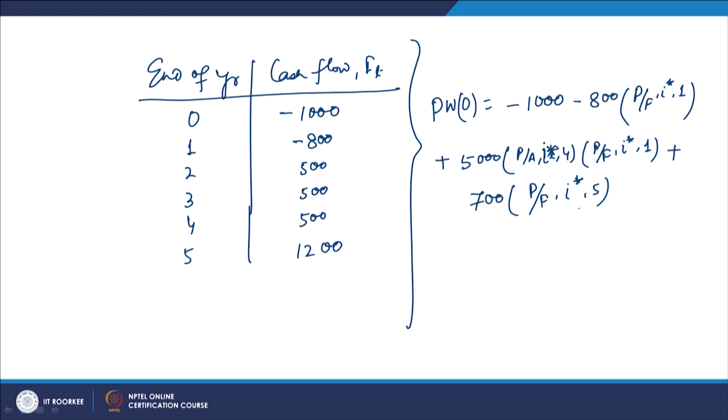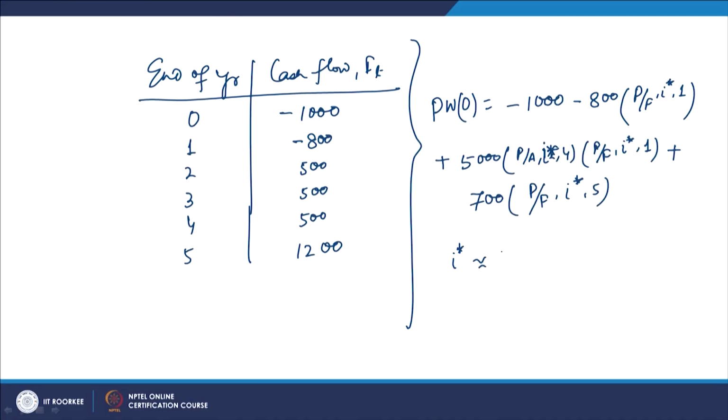So, this is how you will have an equation, and the value of i* which satisfies this equation will be your internal rate of return. You can solve it by hit and trial, by trial and error, because it will be all raised to powers like minus 4. By using that you can come to certain interest rate values.